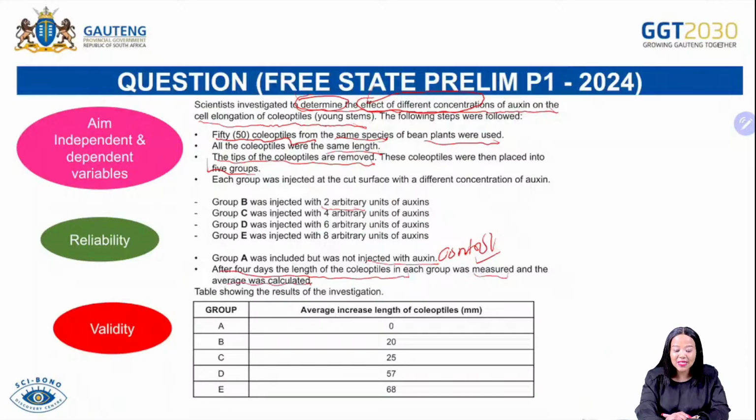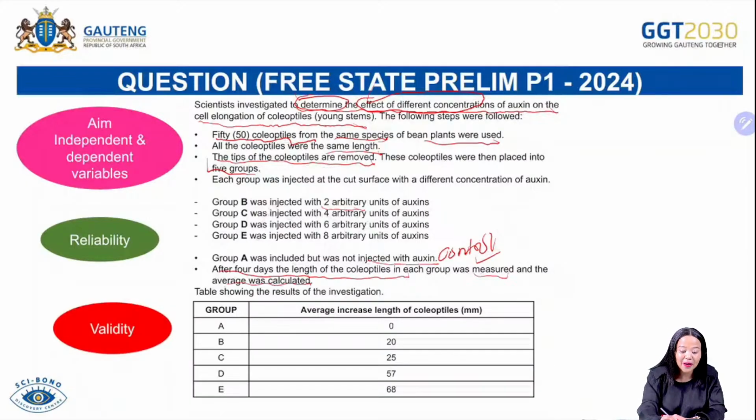The investigator used 50 coleoptiles, and these 50 coleoptiles were divided into what? They were divided into 5 groups, and that is what you need to mention. Why are we saying 50 coleoptiles divided into 5 groups?